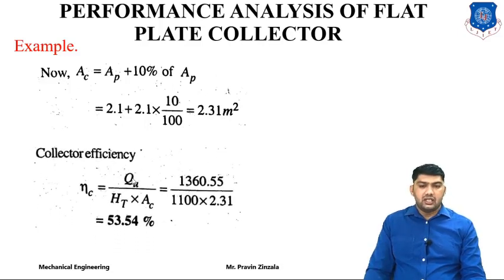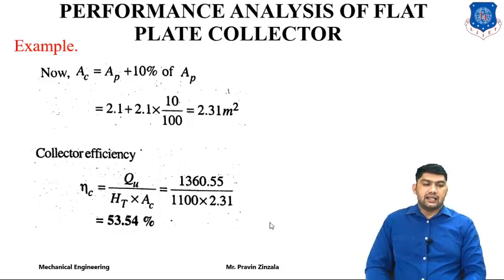Collector efficiency is equal to output by input. The output is the heat gained by the collector, the radiation is already given, and we also calculate the area. So the final efficiency of the collector is equal to 53.54%.